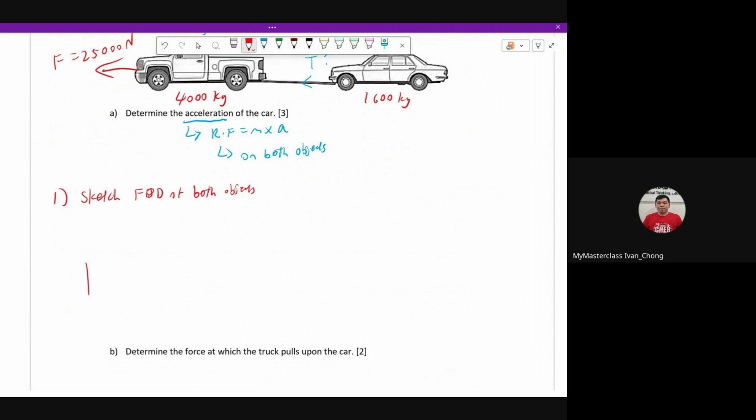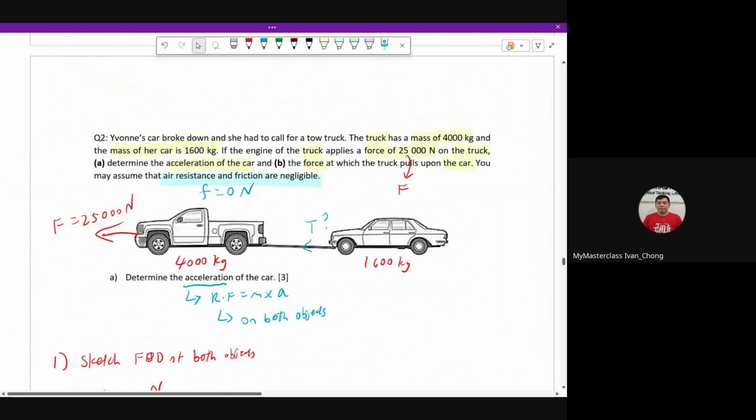Okay, so we just treat the whole thing as one big box. You have the total weight. You have your normal force, and you also have a F that is 25,000. Do you have any kind of friction? No, because they tell you F is 0.